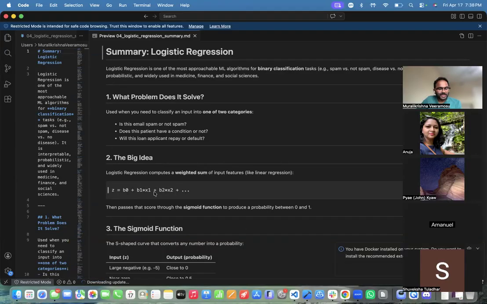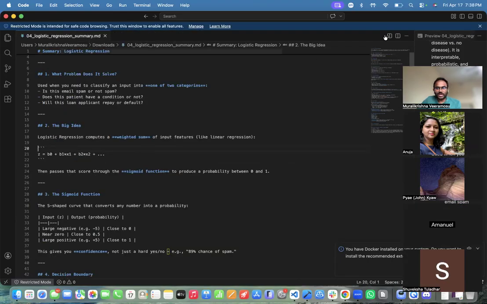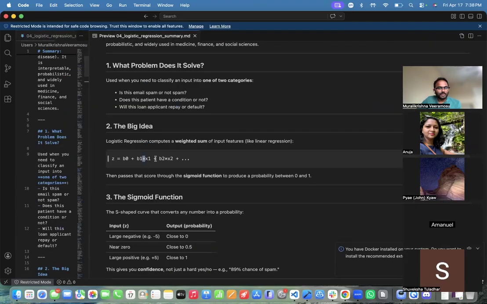And the formula is similar to linear regression. B0 is the constant or bias. B1 is the weight for feature 1, and B2 is the weight for feature 2.